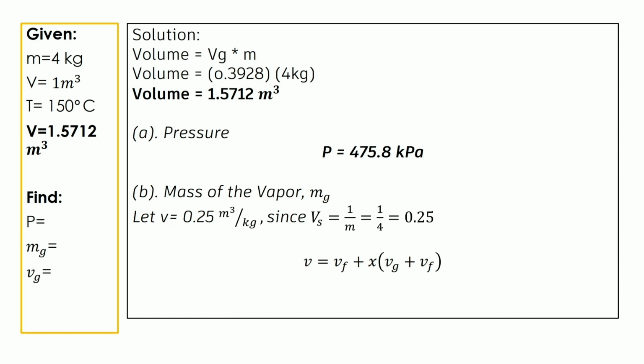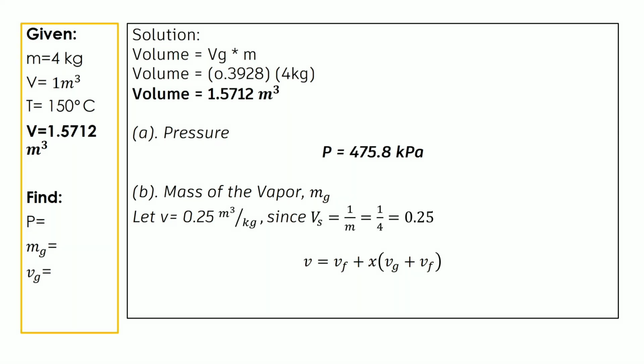We have the specific volume of the vapor, which is 0.25. To find the mass of the vapor of that water, we are going to use this formula, shown here.